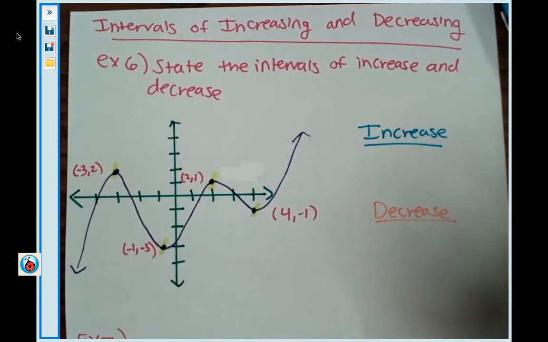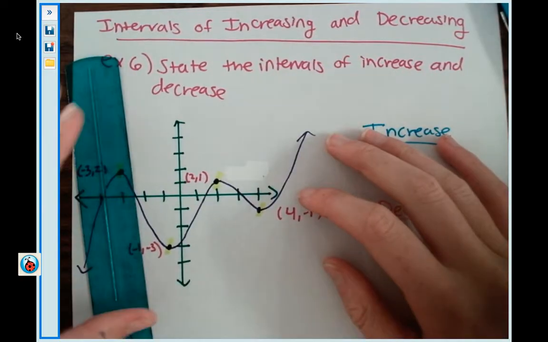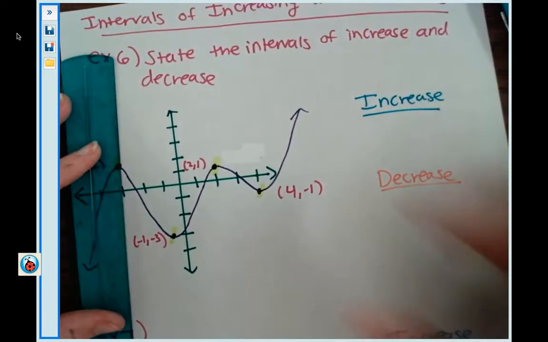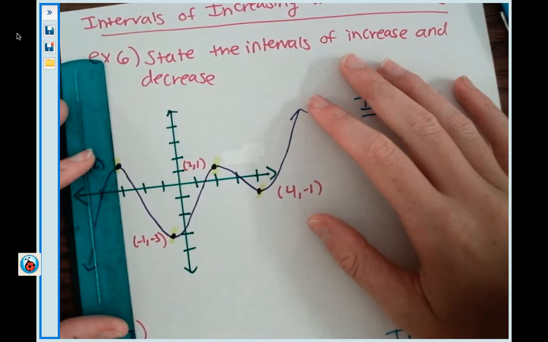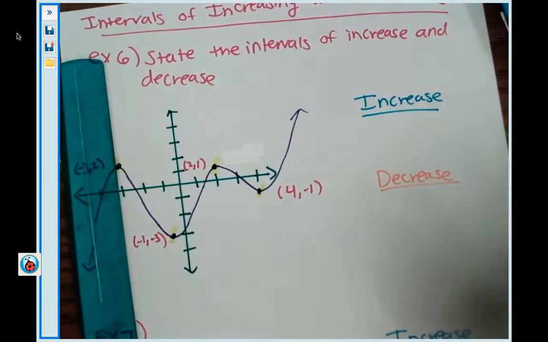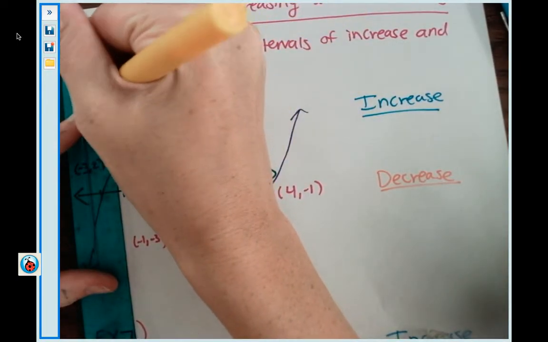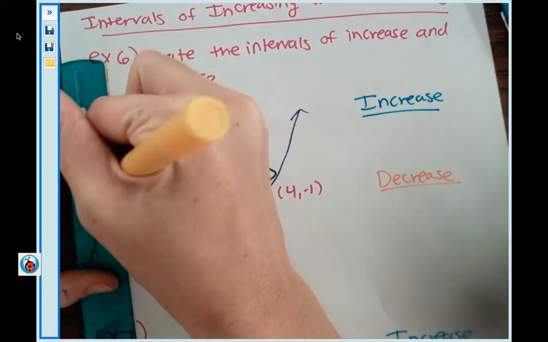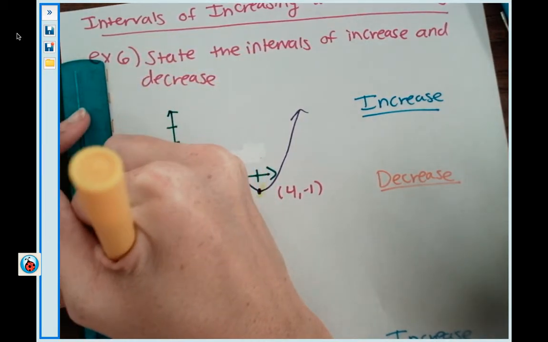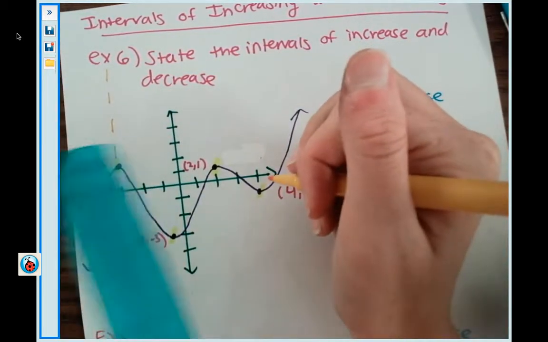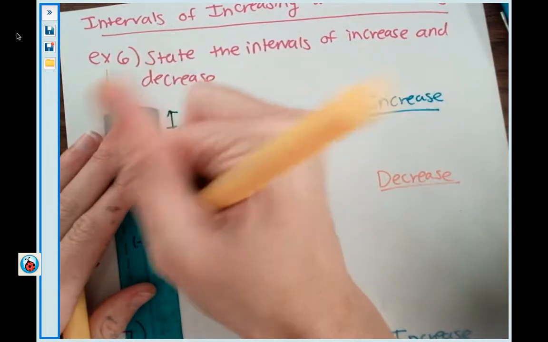Guys, so the first thing we're going to do is draw vertical lines through our turning points. And I'll explain why in just a moment. I promise. Okay, so here's my first turning point. So I'm going to draw a line down at my first turning point right here. All right, and I have my next turning point right here.